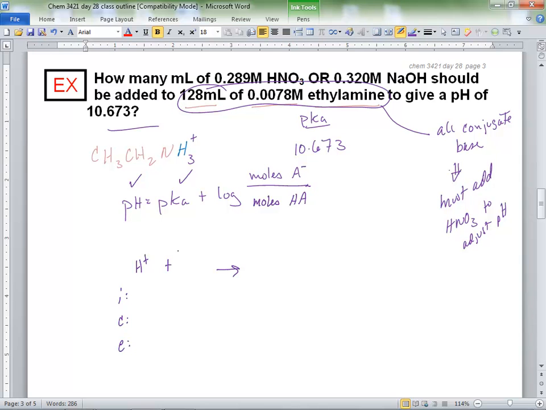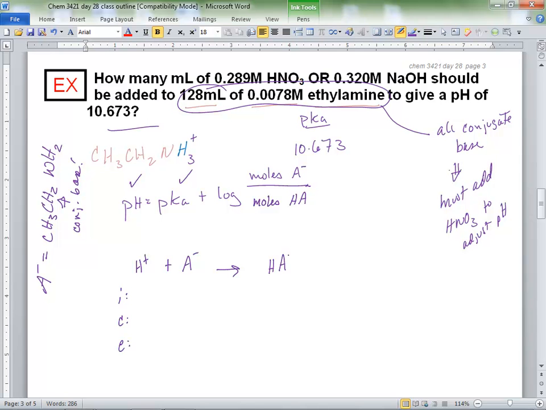H+ is reacting with the conjugate base, and we could write CH3CH2NH2, or just write A minus, because that's our conjugate base. A minus is equal to our conjugate base. Okay? And that makes HA, the conjugate acid.